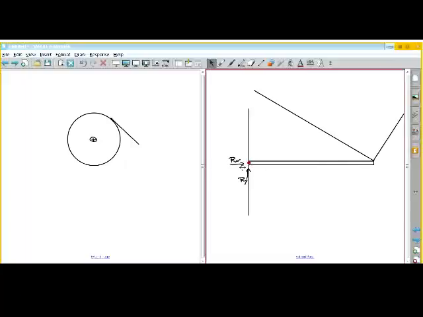The only x components are going to come from the support force and the x component of the cable. And then finally, to solve for this reaction force here, you're going to use the sum of the forces in the y direction. So you'll have this y pulling up here, the y component of the cable, and then you'll have the y values for each of the masses, including the mass of the beam.